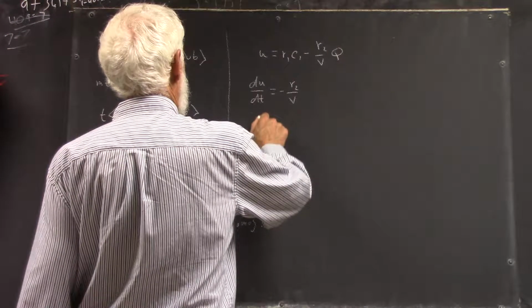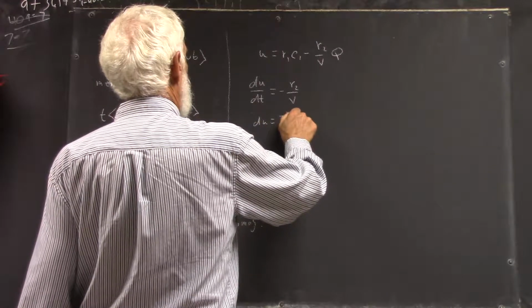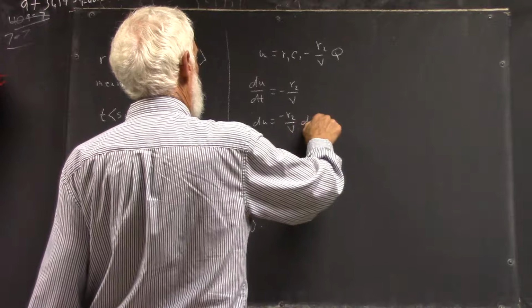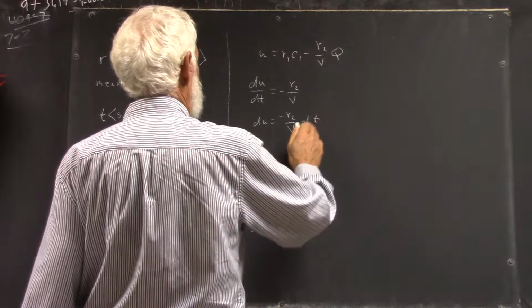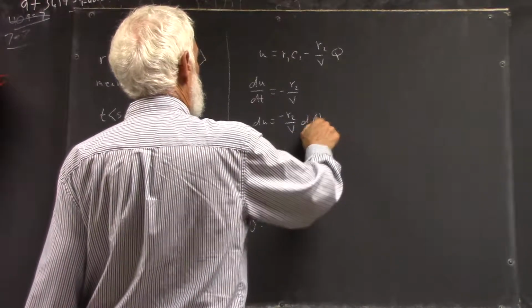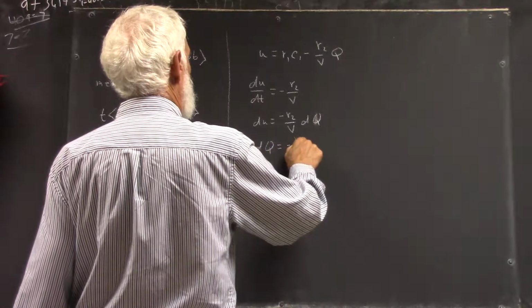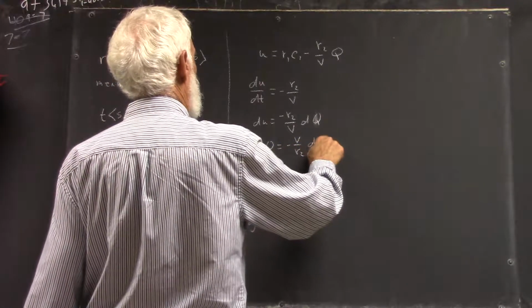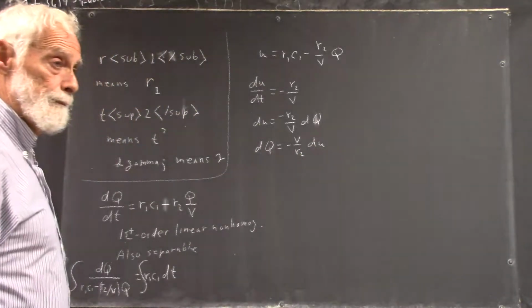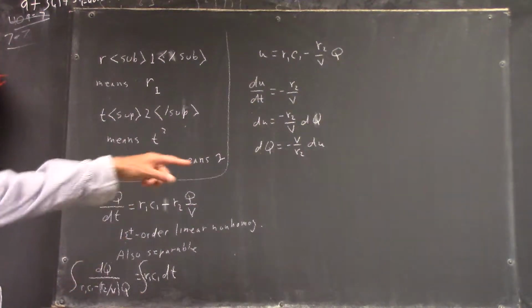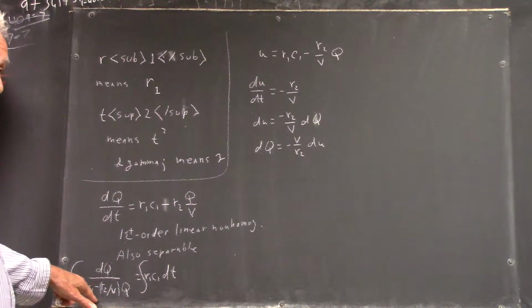So the du is negative R2 over V dQ. So that dQ equals negative V over R2 du. So now we've got a dQ, but we've got a multiple of du over u.